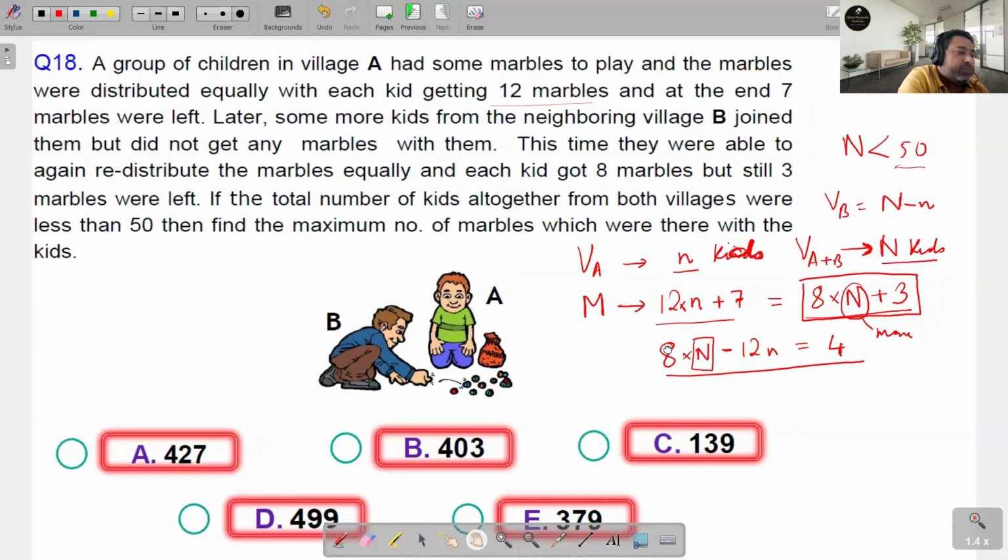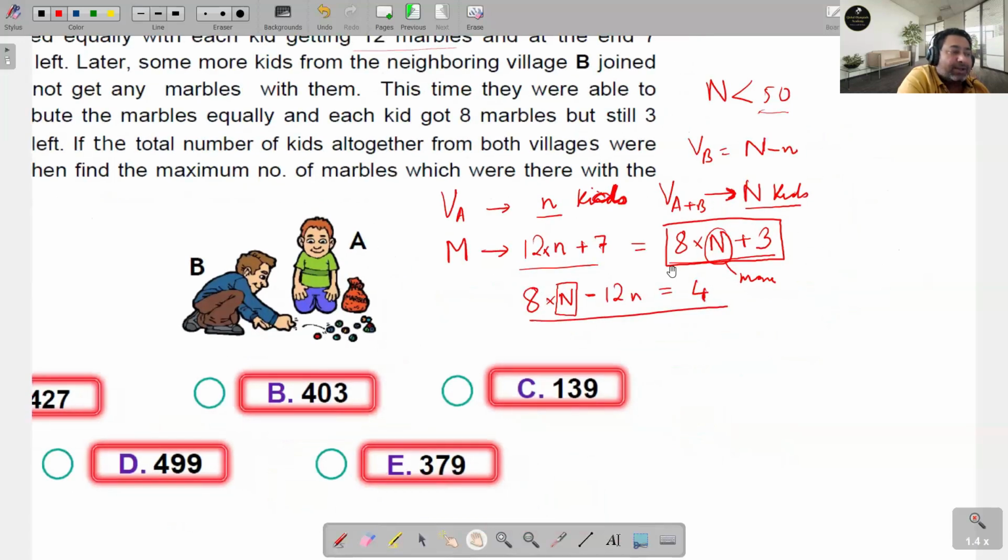Now, but at the same time, this should also satisfy this equation as well. So let's do a little bit of trial and error and see what we get. So if we do 8 times 49, which is the maximum possible value, plus 3. Or instead, let me plug in the value of 49 over here.